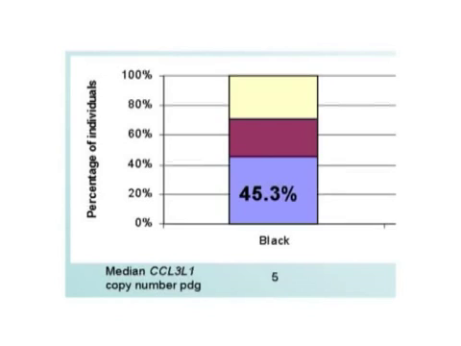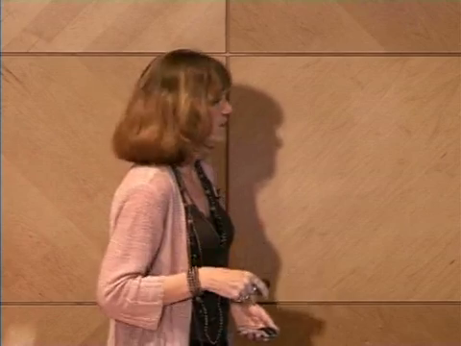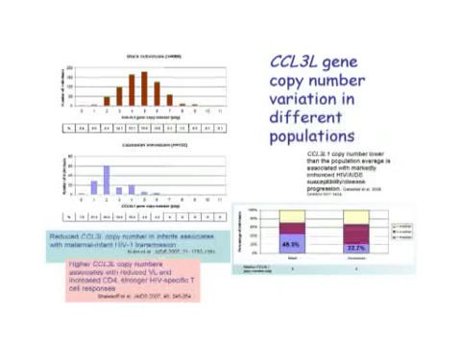If we go by that alone, and ask what proportion of individuals are below the median, in our Black South Africans about 45% of individuals are there, whereas in the Caucasian population it's about 22 to 23%. Again, one has to always be cautious. We're talking about one particular factor, and there are always many things that contribute to susceptibility. But if you had to base it on this particular molecule alone, one would say that there may be a greater susceptibility amongst our Black South African population compared to Caucasians.